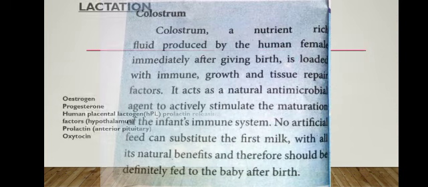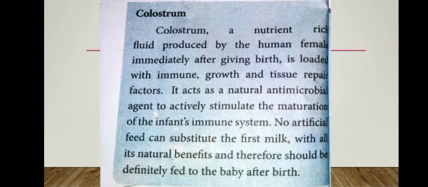அதோட original shape-க்கு கொண்டு வர்றது எதுன்னு பார்த்தோன்னா இந்த oxytocin தான். Okay? So colostrum is present in mother's milk. Nutritive rich fluid produced by the human female immediately after giving birth. Okay, so அந்த தான் நம்ம என்ன call பண்ணுறோம், colostrum, சீம்பால் சொல்லுவாங்க இல்லையா. So it is important for the baby, is loaded with immune, growth and tissue repair factors.